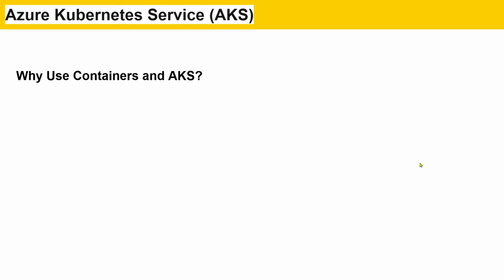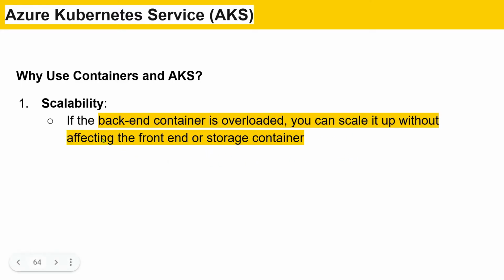Now, why are you really doing it? Why are you using containers and Azure Kubernetes Service to manage them? The best part is scalability. Imagine if the backend container is overloaded. You can scale it up without affecting the front end or storage container. So you have kept different containers individually. If something gets overloaded, you can scale it up, scale it down, whatever is needed.